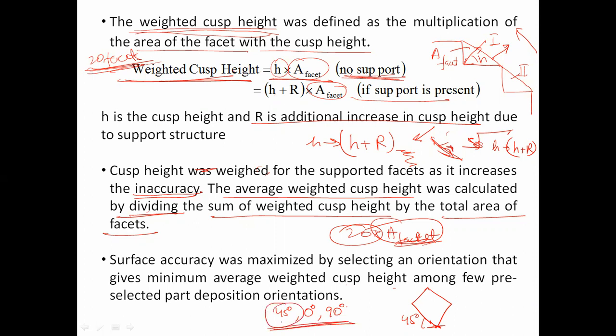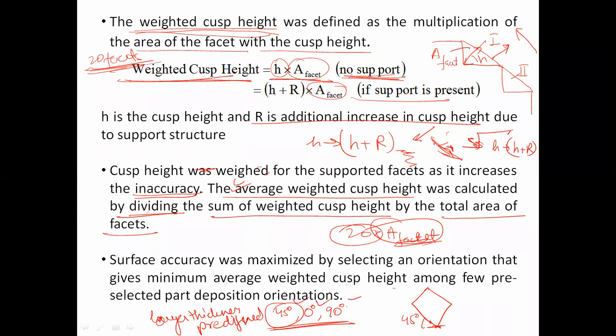Based on each orientation, you calculated the average weighted cusp height with a predefined layer thickness. The layer thickness is predefined. So with a predefined layer thickness, you calculated the average weighted cusp height for each of the orientations.